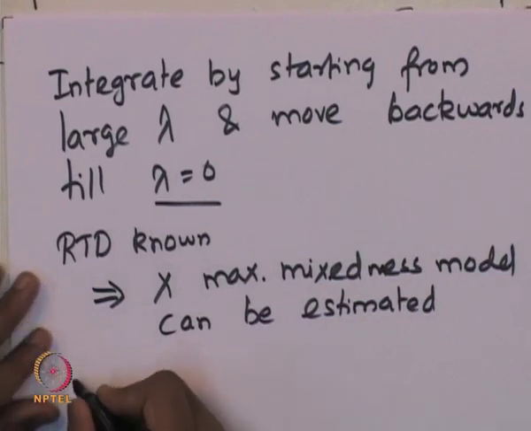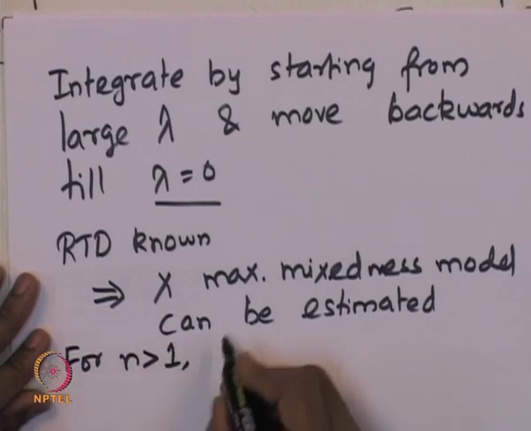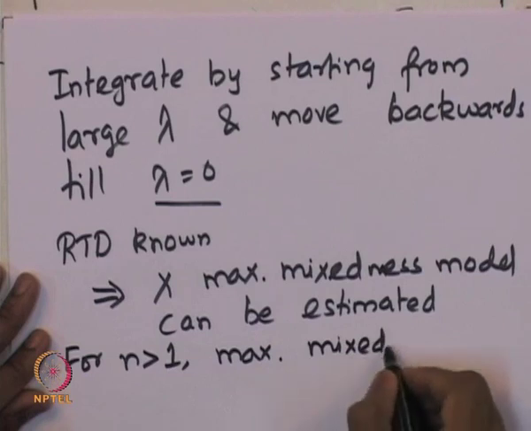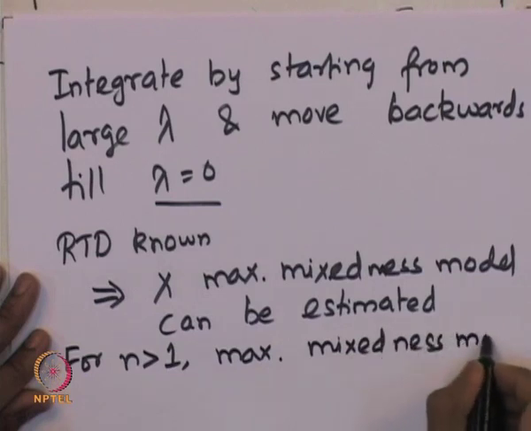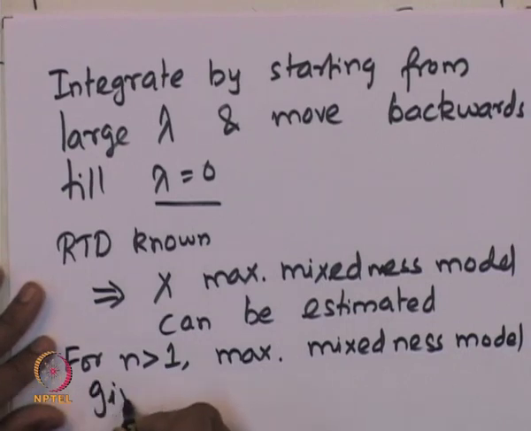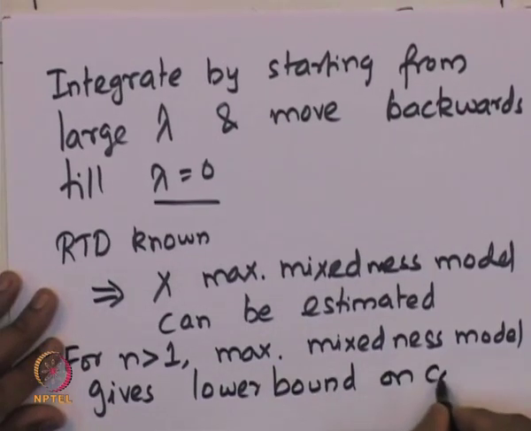For n greater than 1, it has been observed that the maximum mixedness model gives the lower bound on the conversion, and the complete segregation model gives the upper bound on the conversion.